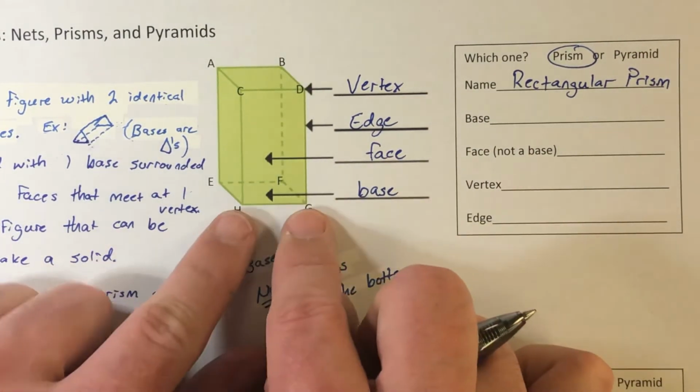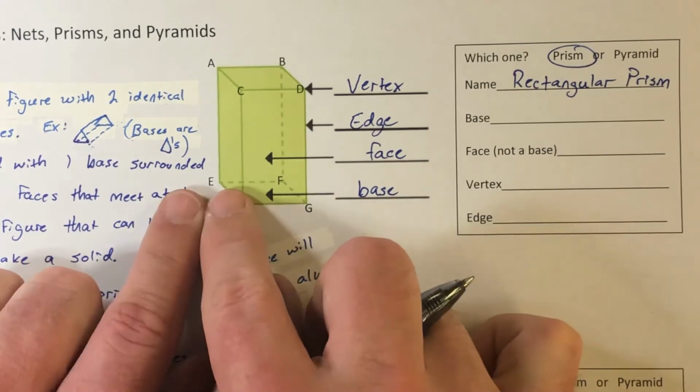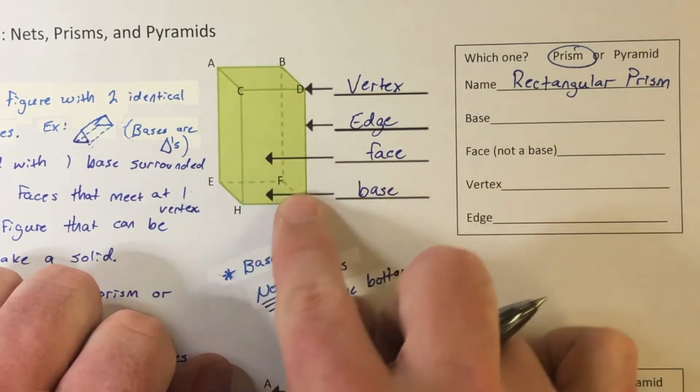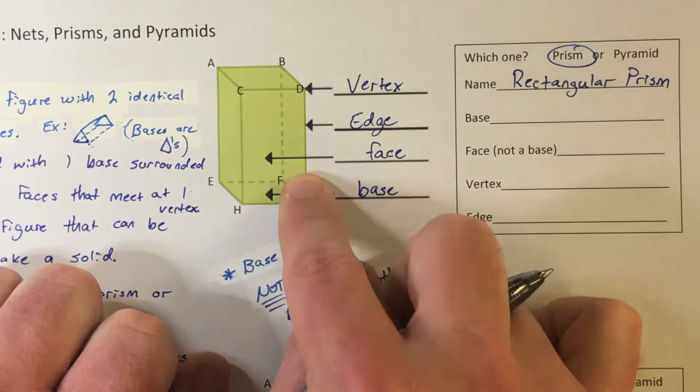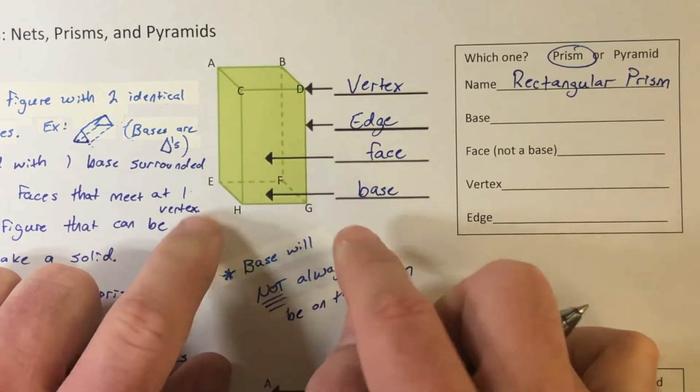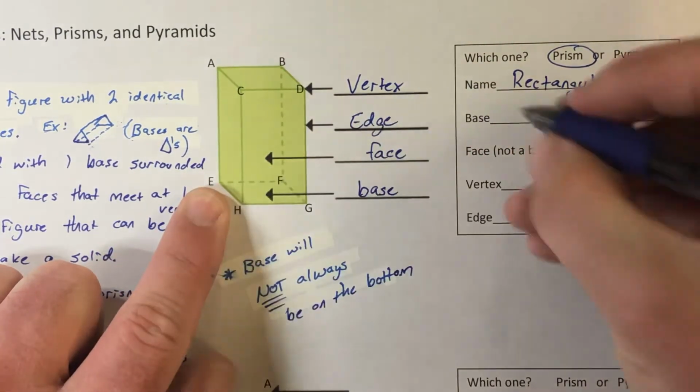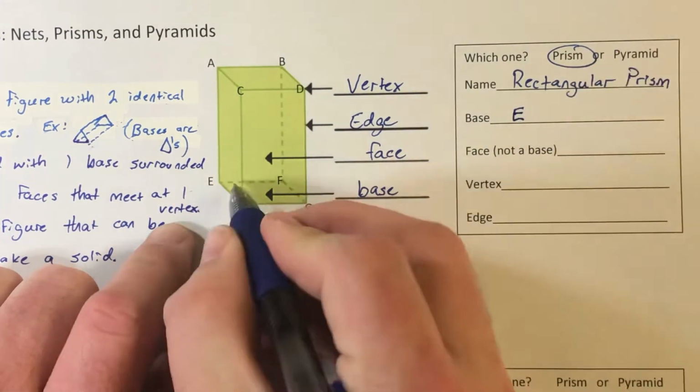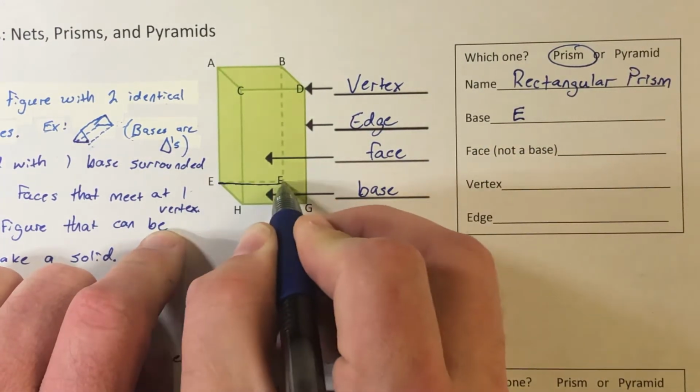Now, how do you name this? You want to choose the letters going in clockwise or counterclockwise order. No zigzagging. So I'm just going to start with E and go around the shape.